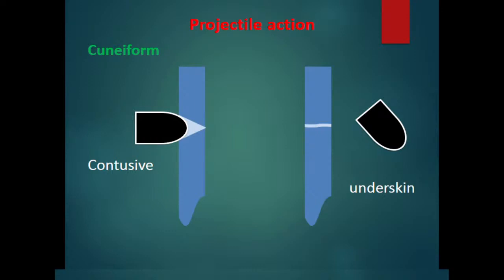Cuneiform effect is seen when the bullet is still able to penetrate through the skin, but it does not produce minus tissue defect. It does not destroy the tissue completely. It just tears it. It makes a rupture and goes through this rupture beneath the skin.